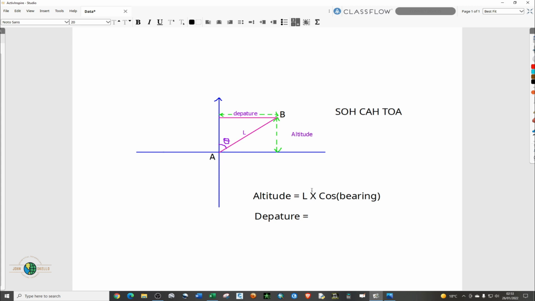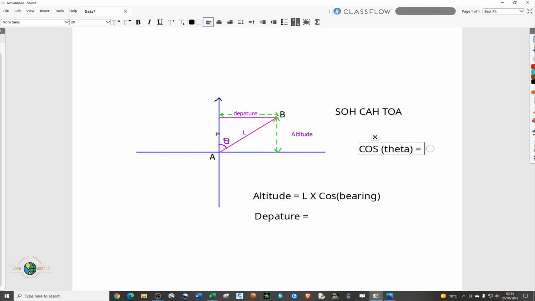For this case, we had cos theta. Let me just put theta in a bracket, that is equal to this formula, adjacent over hypotenuse.